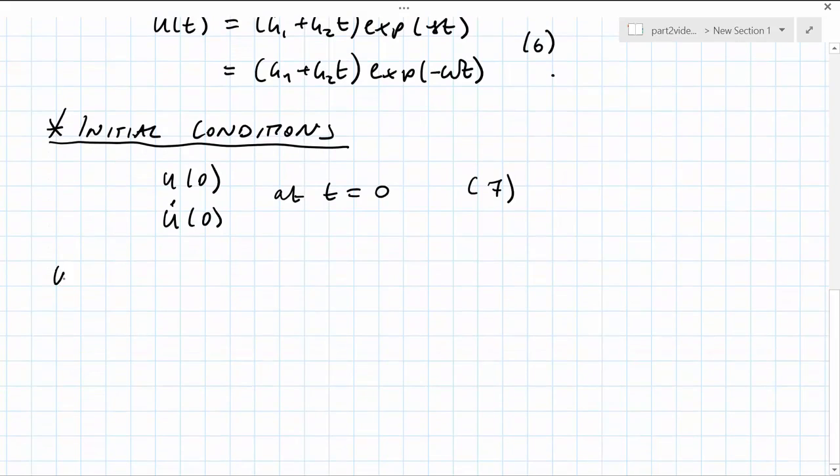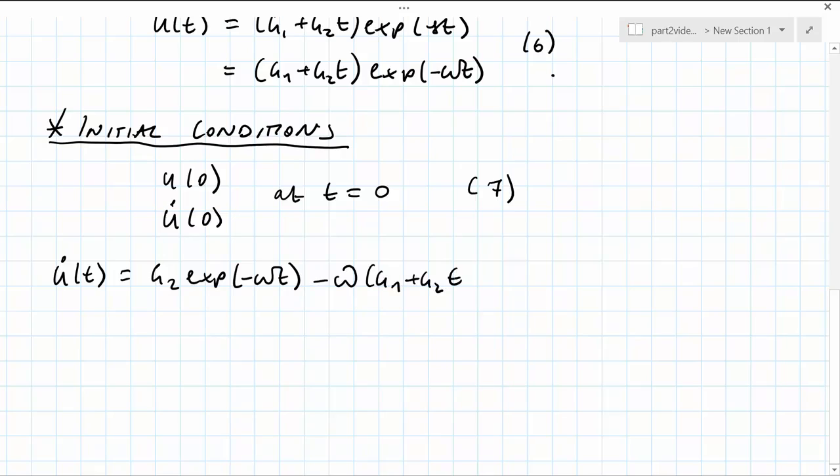And we note that the velocity is just the derivative, which is given by g2 exponential of minus omega t, minus omega times (g1 plus g2 t) times the exponential of minus omega t.